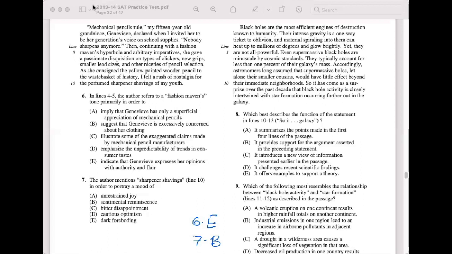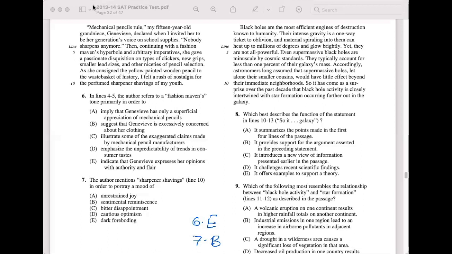But it has come to light that they in fact have effects on the galaxies that they are part of, much, much farther from where they are present in those galaxies. So every line is connected to the previous line and is either following from it or contrasting it. Very, very information-packed passage.